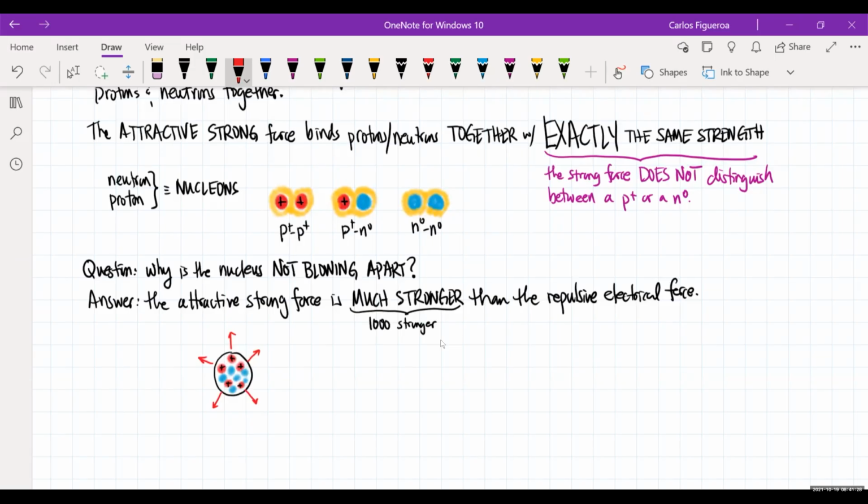It's trying to blow the nucleus apart. But at the same time, this nuclear binding then is stronger, so that the strong force is actually pushing down harder. So then the strong force is greater than the electrical force.